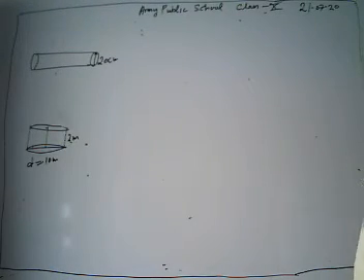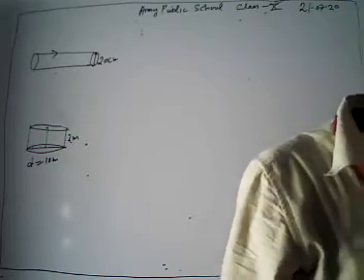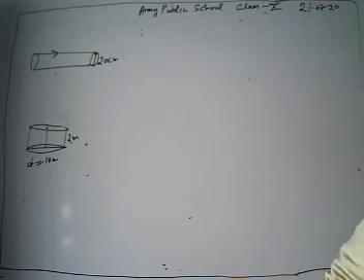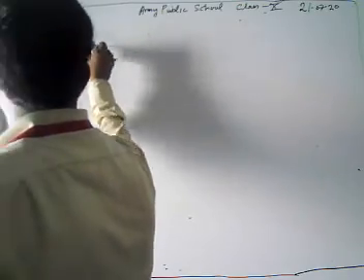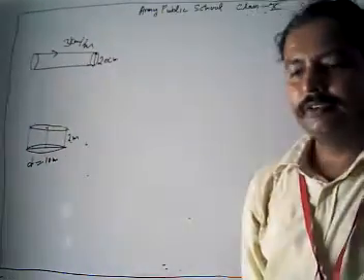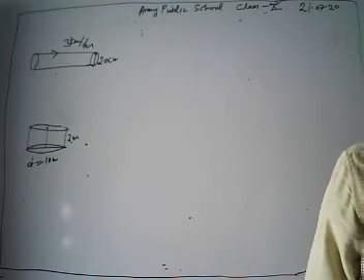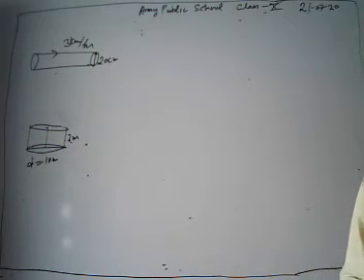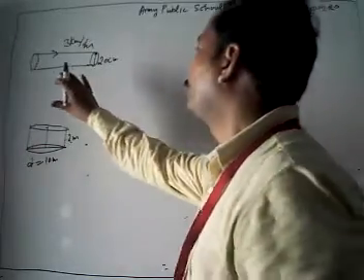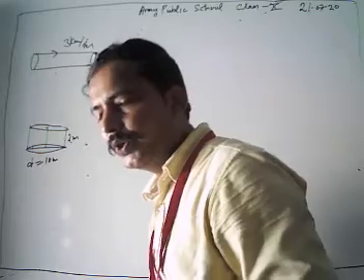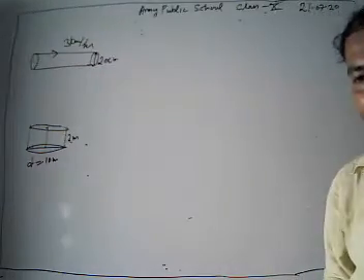If water flows through the pipe at the rate of 3 km per hour, then in how much time will the tank be filled? We have to find the time here.